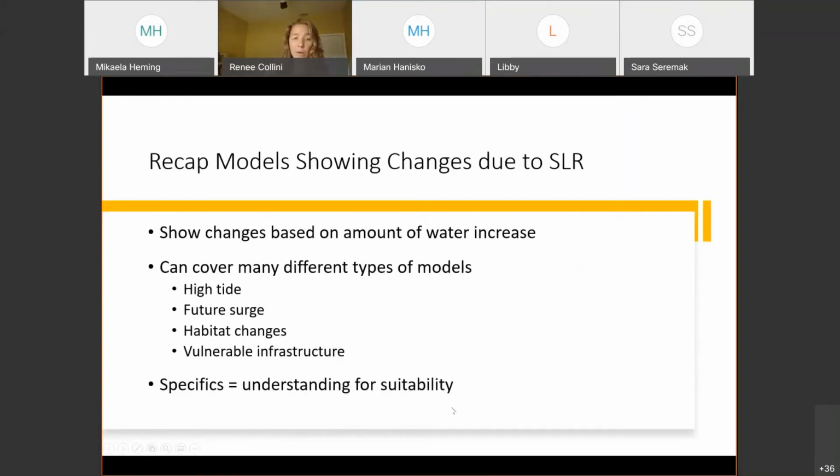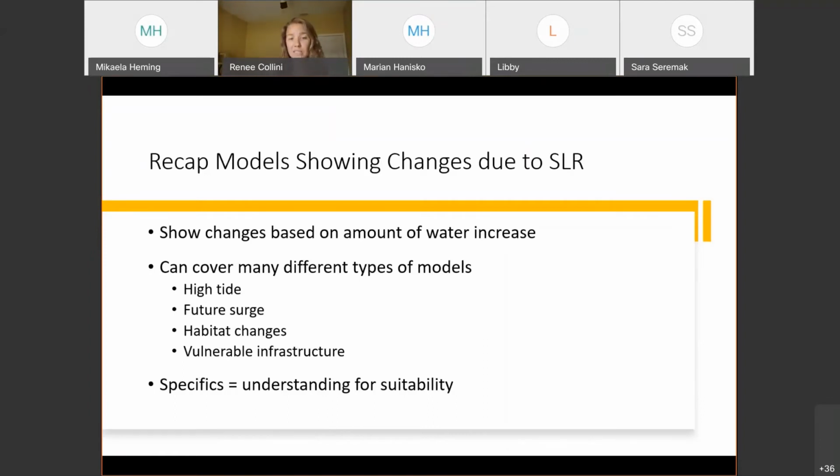So just to do a quick recap, there was a lot of different things there, so I can't recap it in as much detail as I did before, but the models that are showing changes with a certain amount of sea level rise show changes based on the amount of water that is increased. They can cover a wide range of models, some that are focused on high tide, some on future storm surge, some on how the habitats change, and some on taking those other kinds of changes in flood risk, changes in habitats, and understanding other things that may be vulnerable because of that.